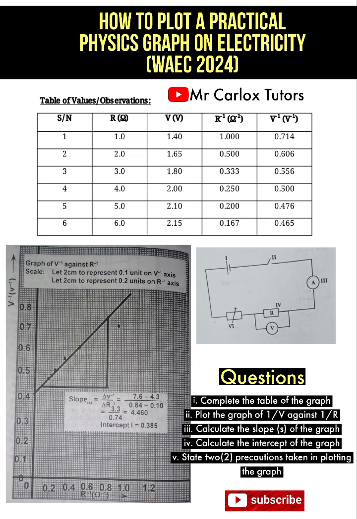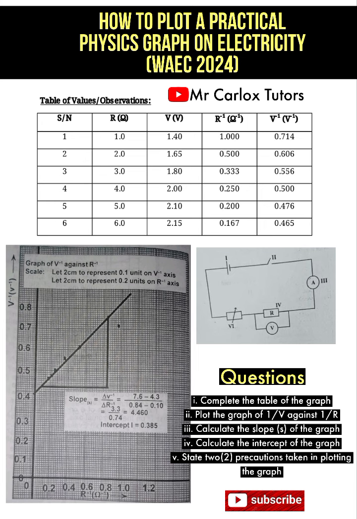For the first one, you observe I used a scale of 2 centimeter to represent 0.1 unit on the vertical axis, while on the horizontal axis I used 2 centimeter to represent 0.2 units.